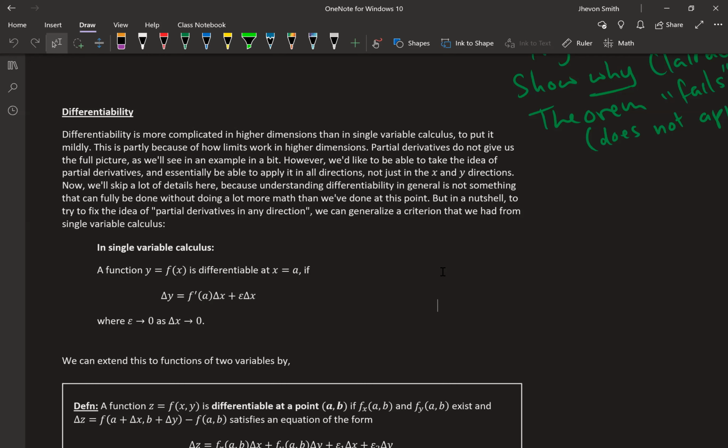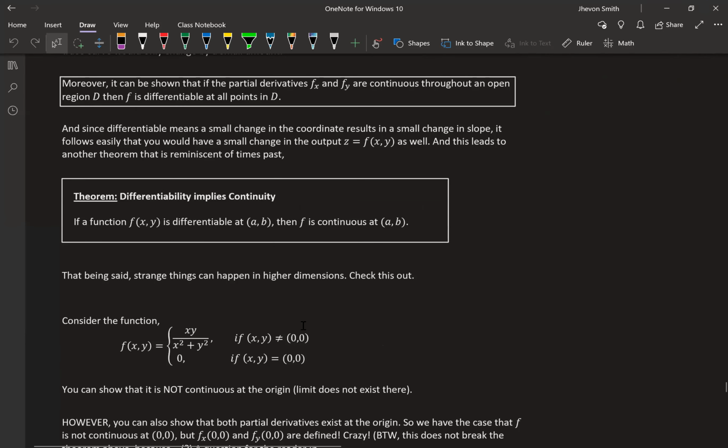It is still true, facts like if something is differentiable at a point, the function is continuous at that point. Yeah, that's still true. But there are other things that are very weird. For example, in this example right here that I listed, the function itself is discontinuous at that point, but computationally speaking, you can actually find the partial derivatives at that point.